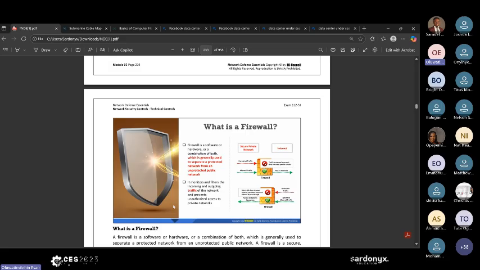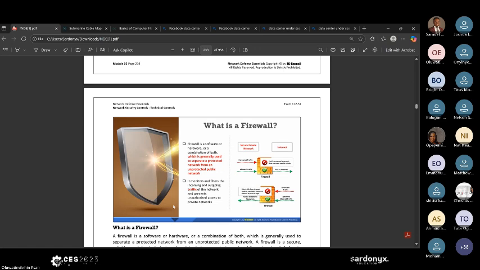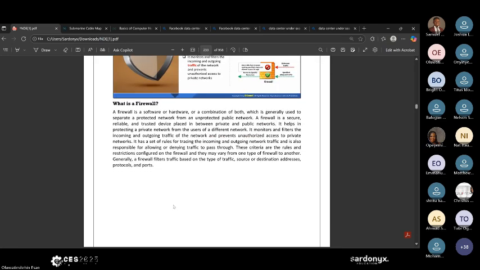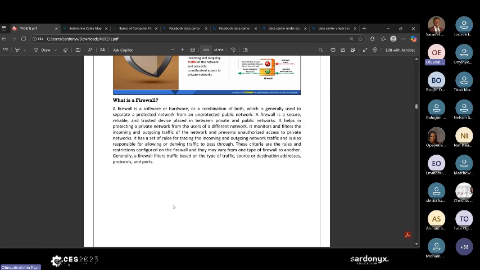So the main purpose of a firewall is filtering. And that's why most of the time, the firewall rules are based on IP addresses and ports, majorly.